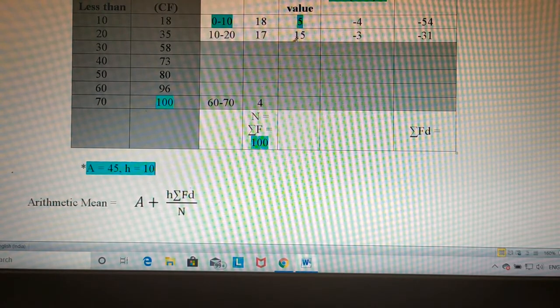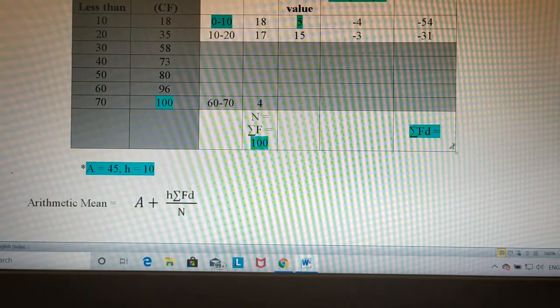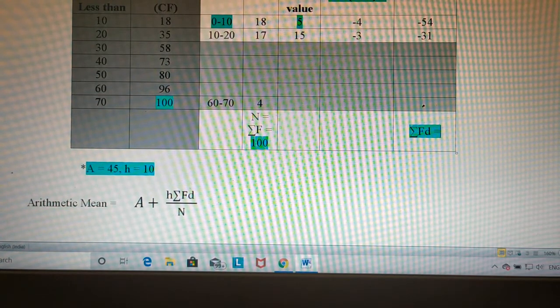Similarly, 17 into 3 is 51, plus into minus, minus 51. So fill in all the values of fd. Once you get all the values of fd, add all of them to get summation fd. Summation fd is the total of all the values of fd.